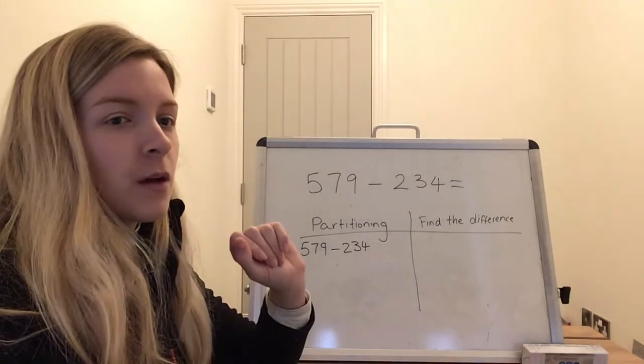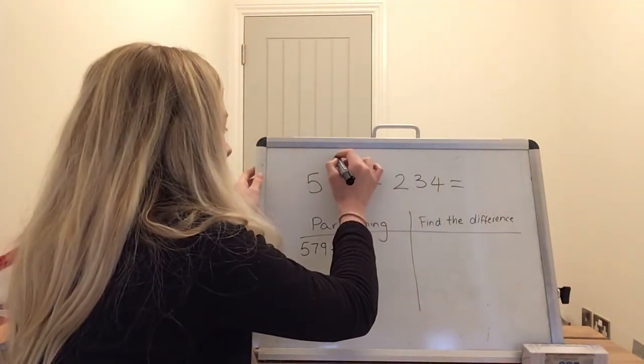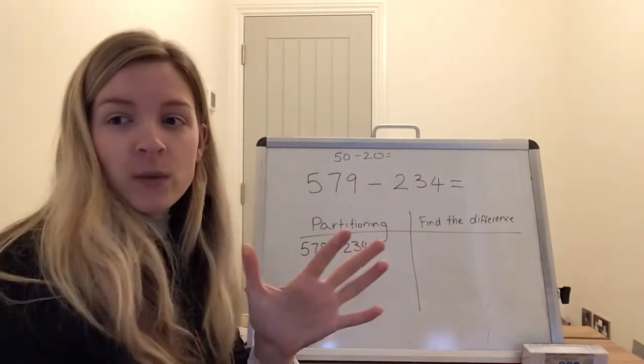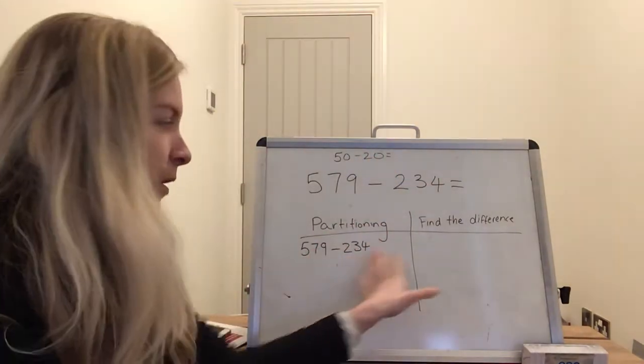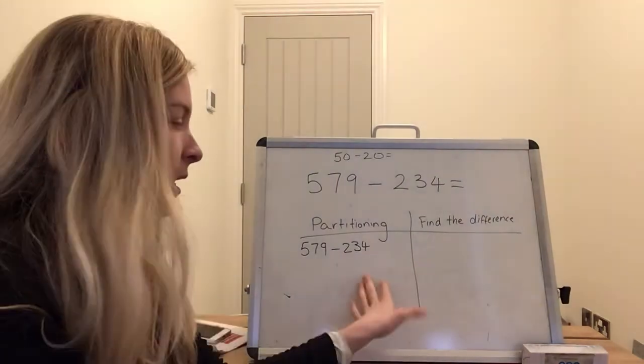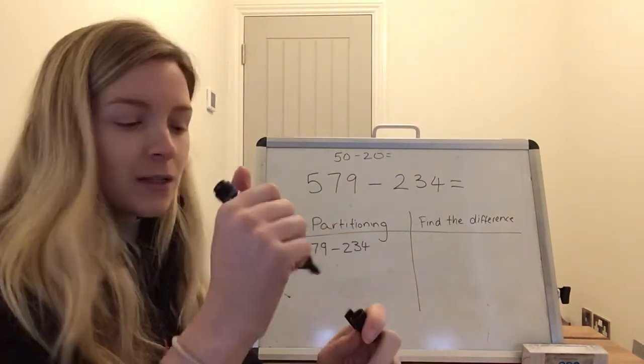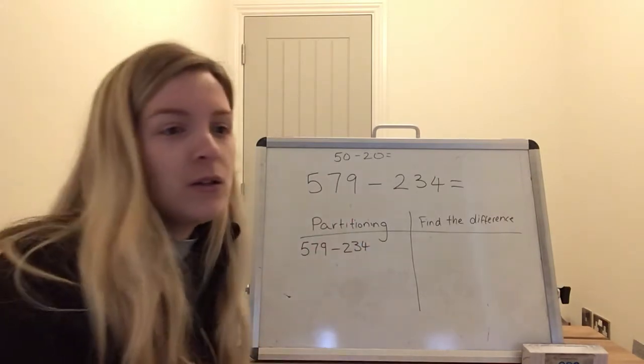Then you'll see another sum and it will say, oh, 50 take away 20, and you're going to think, oh, is the best way to partition or find the difference? Which way should I do this one? Okay, think carefully. It's not an easy task today, so I hope you're up for a challenge.